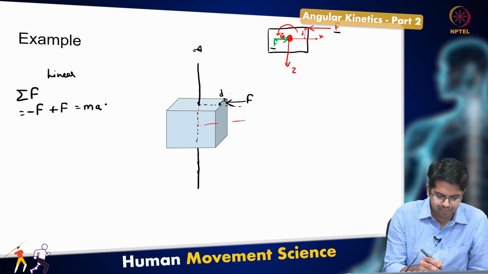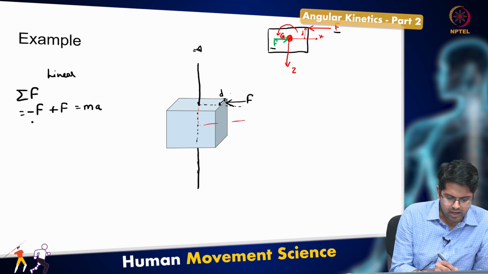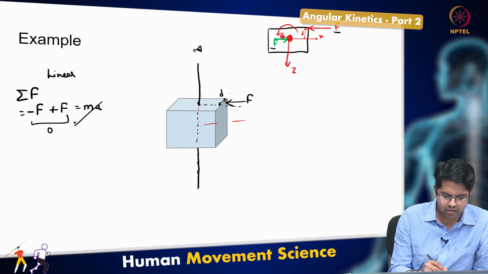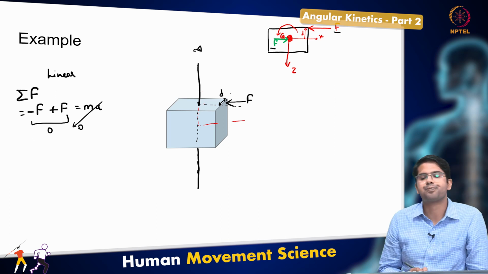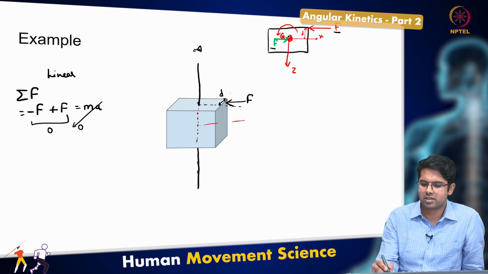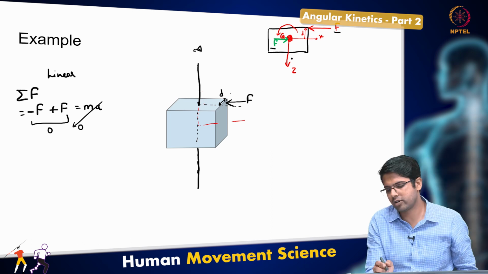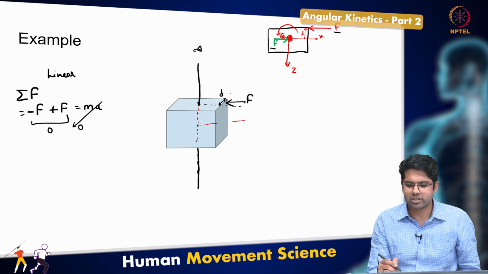Okay, and because this is 0, acceleration goes to 0. So that means this center of mass is not translating back and forth. There are no other axes to consider here.